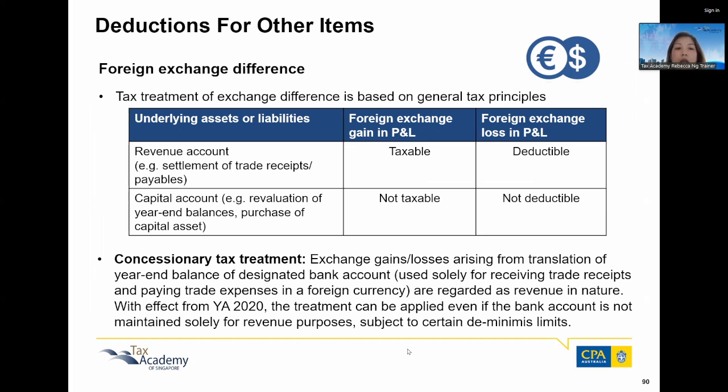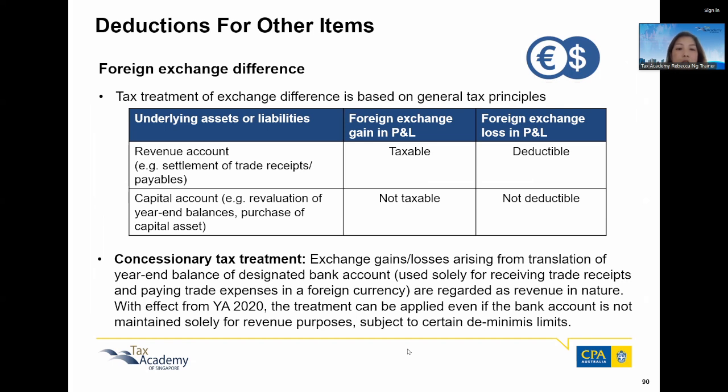Okay, so there is a concessionary treatment. Certain companies like to organize certain bank accounts into designated bank accounts, only for receiving trade receivables and making trade payable payments. If these are designated bank accounts, the exchange differences arising from them are regarded as revenue in nature. If it is a gain, it will be taxable.